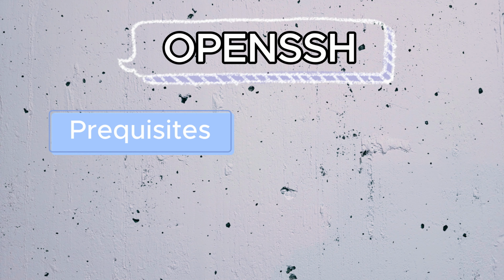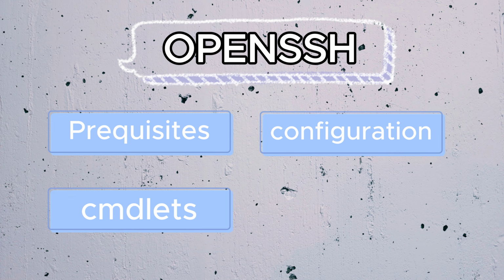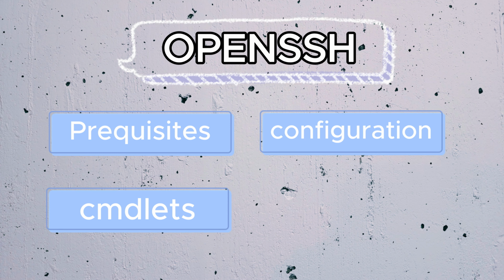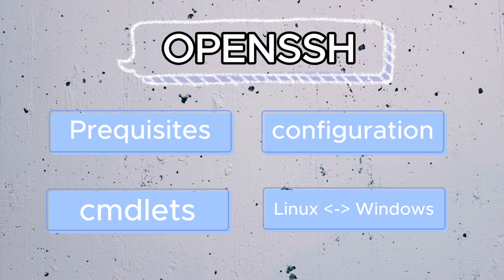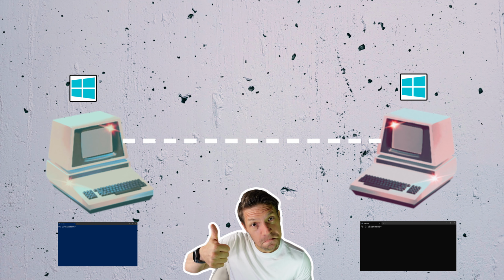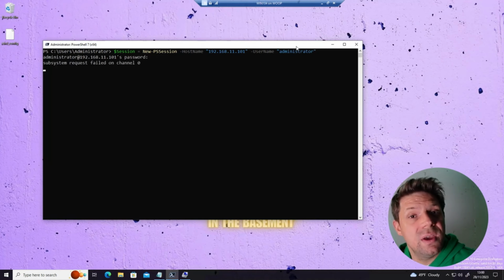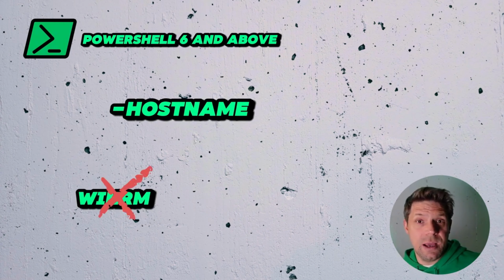At the end of this video, you will be able to know what the prerequisites are for PowerShell remoting over OpenSSH, how to set things up, which commandlets you can use and how to use them, how to do cross-platform PowerShell communication, and even how to use OpenSSH between Windows systems over SSH. And along the way, I will explain the theory that exists behind the different protocols that are used, and we'll also see the most common pitfalls so that you don't make the same errors as everybody else.